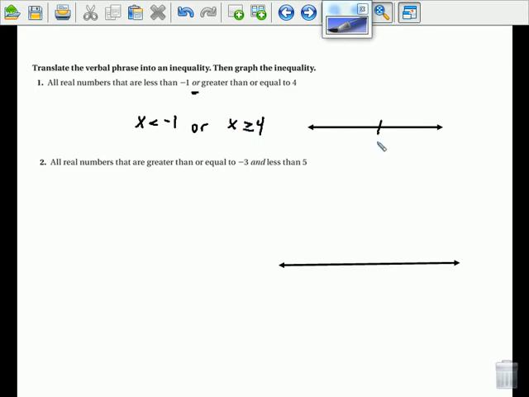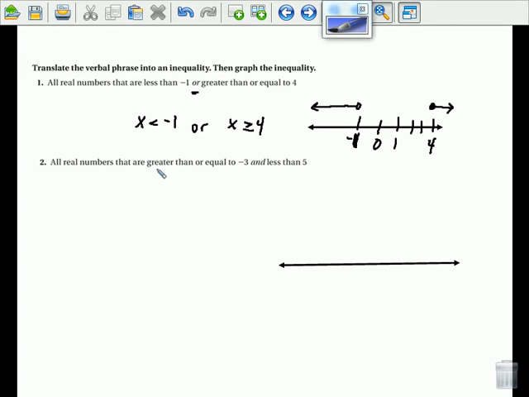I'll put my numbers on here. I have a -1, and in this case x is less than -1, or x is greater than or equal to 4. And there it is, there's my union.